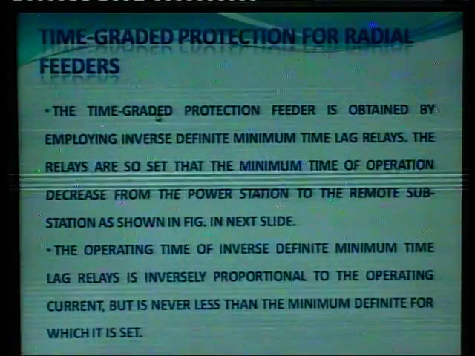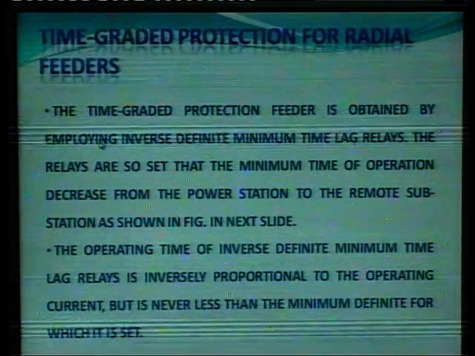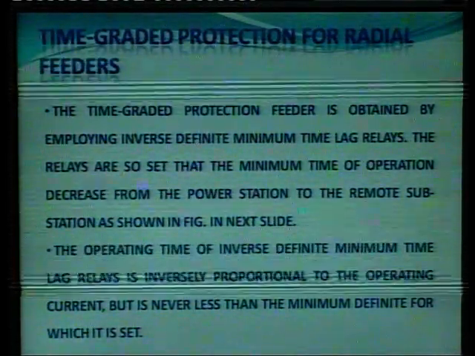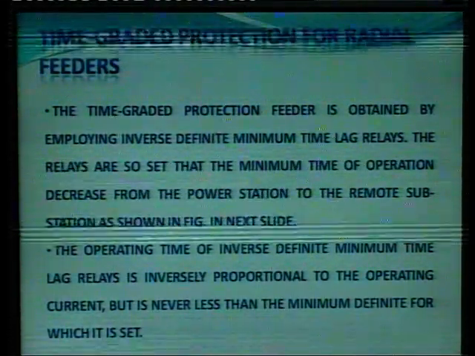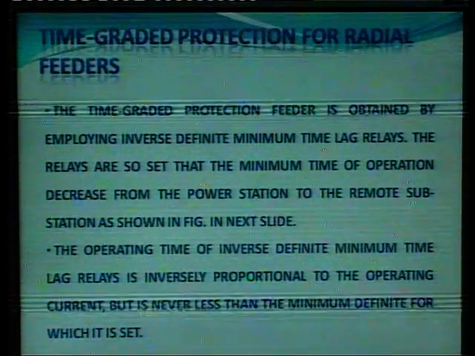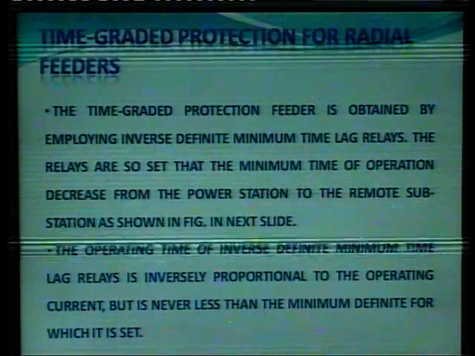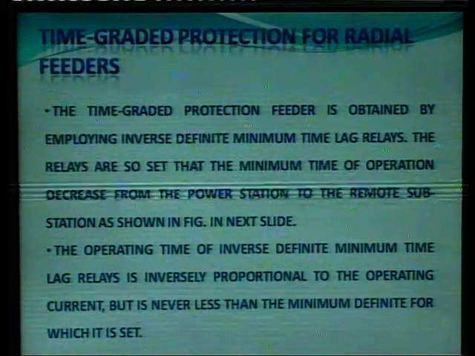The time graded protection of the feeder is obtained by employing inverse definite minimum time lag relays. The relays are so set that the minimum time of operation decreases from the power station to the remote substation, as shown in the figure in the next slide.